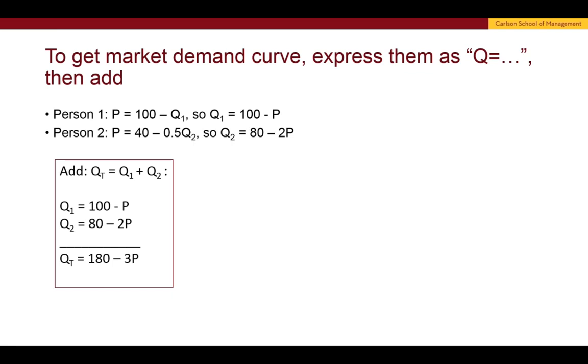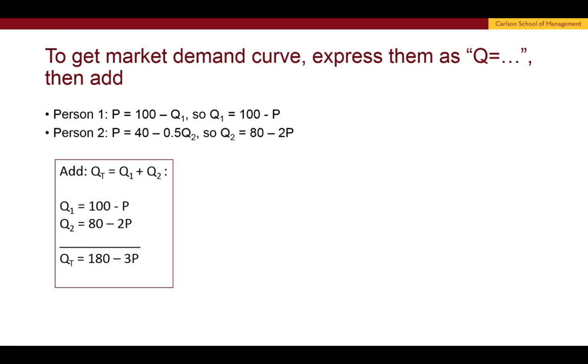So just writing down below there in the box, Q1 equals 100 minus P, Q2 equals 80 minus 2P, and then below the black line, we're summing everything up. QT equals Q1 plus Q2, and that 180 is 100 plus 80, and then finally that minus 3P, we get that from the minus P up above plus the minus 2P in the second demand curve.